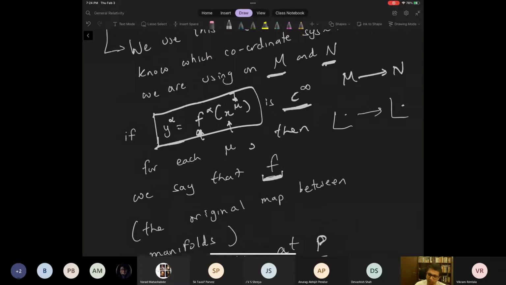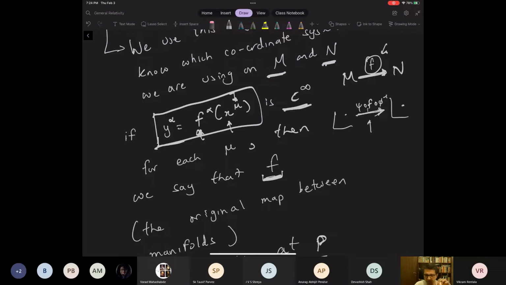Now, what we mean by the function f is not this fake function which actually includes coordinates, but rather we say the original function f between the manifolds is differentiable if this function between the coordinates is differentiable. Is that idea clear?